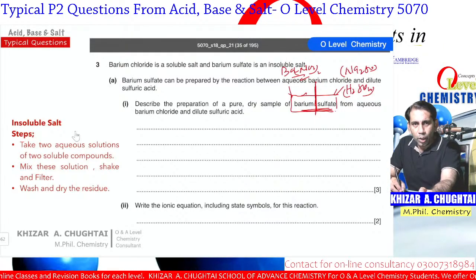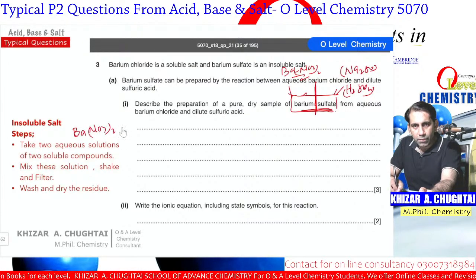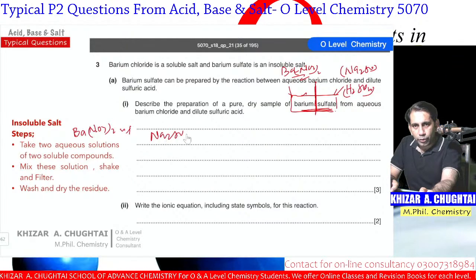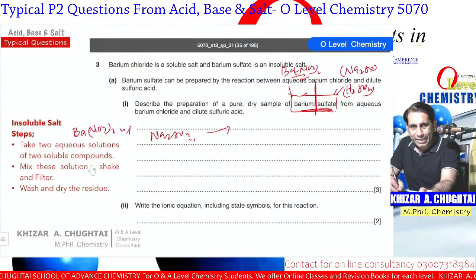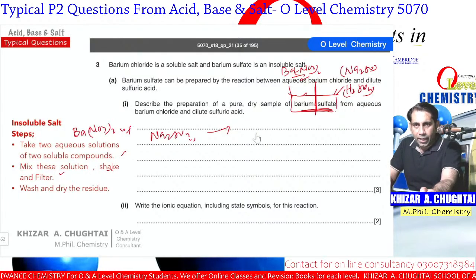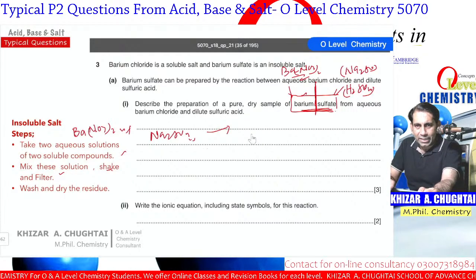Take 2 aqueous solutions. One is barium nitrate, aqueous, plus the second one, let's suppose, Na2SO4 aqueous, and we are going to mix them, shake them and then filter. As a result, there is the solid barium sulfate.